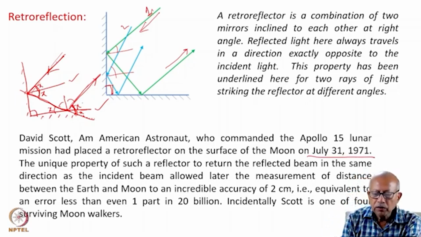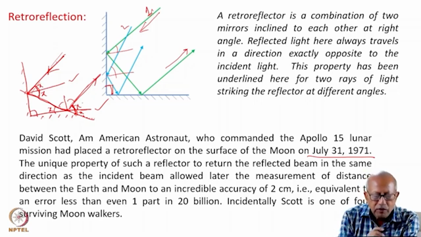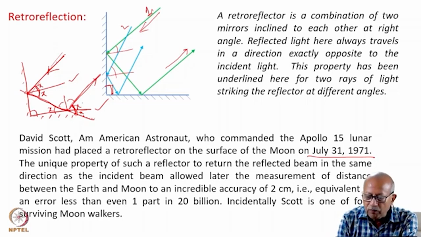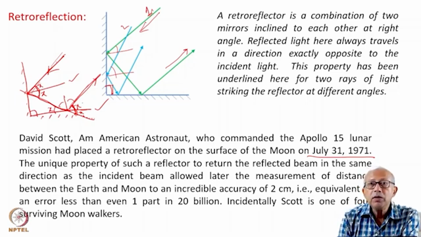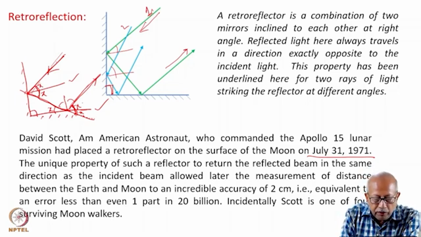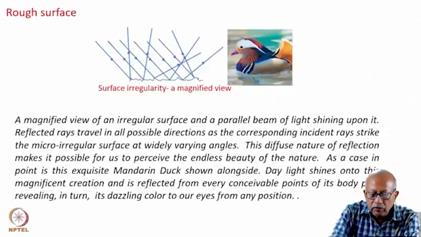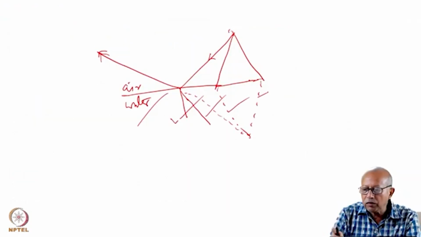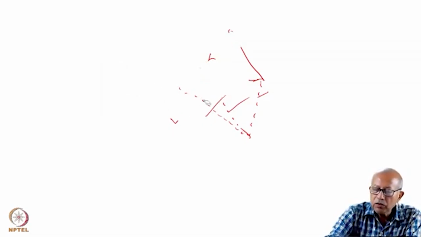The unique property of such a reflector to return the reflected beam in the same direction as the incident beam allowed later the measurement of the distance between the Earth and Moon to an incredible accuracy of just 2 centimeters, which is equivalent to an error of less than 1 part in 20 billion. I will very briefly explain to you how this retroreflector helps the estimation of the distance between the Moon and the Earth.